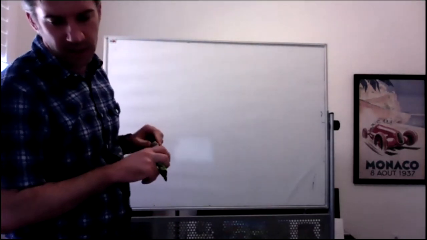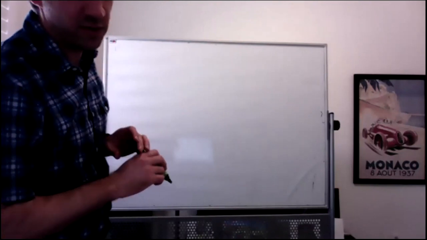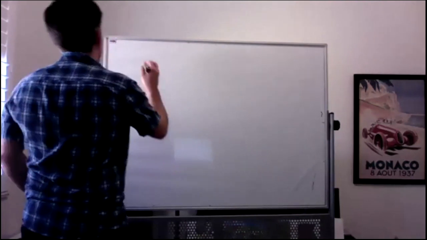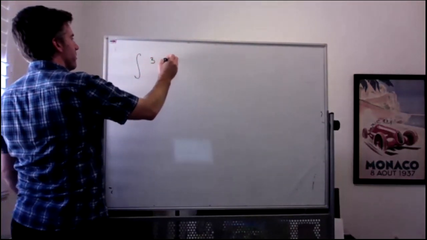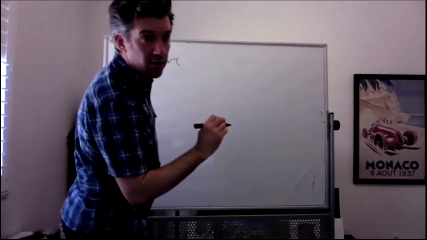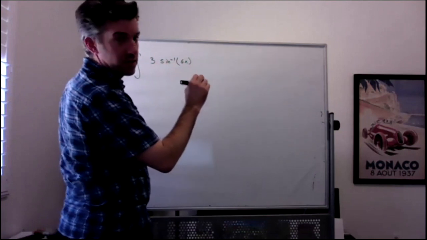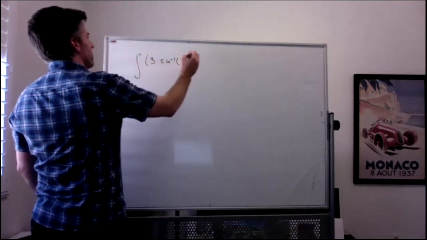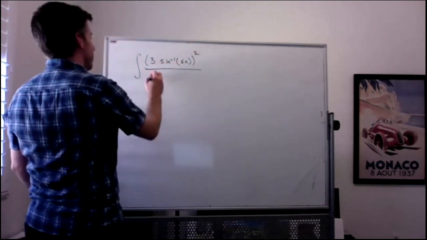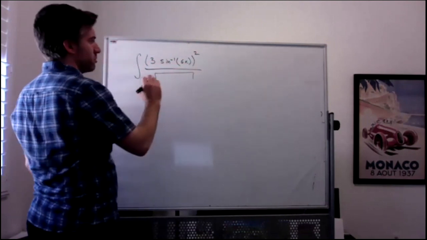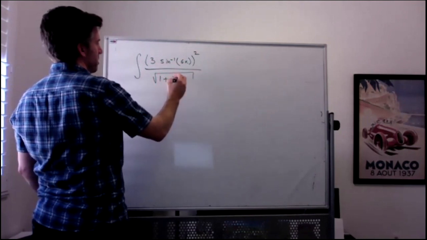Let me throw one at you that is similar to problem 42, but not exactly. Let's say I want to find the integral of 3 inverse sine of 6x, secant over some dumb stuff, the square root of 1 plus 36x squared.